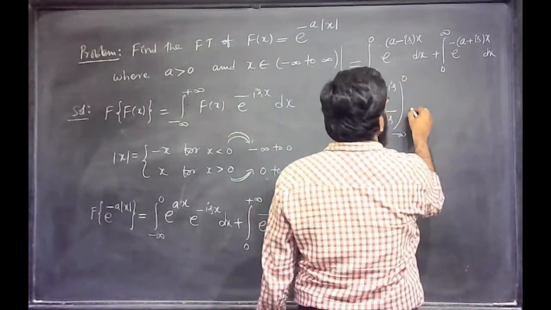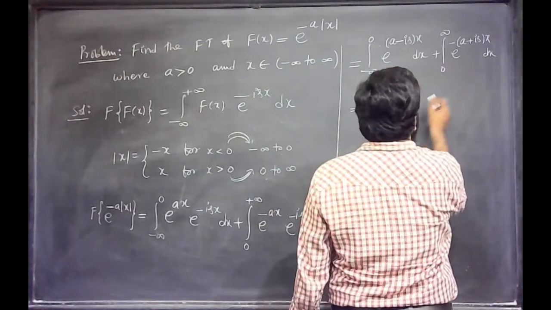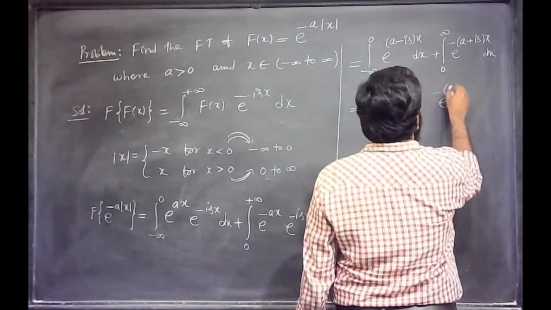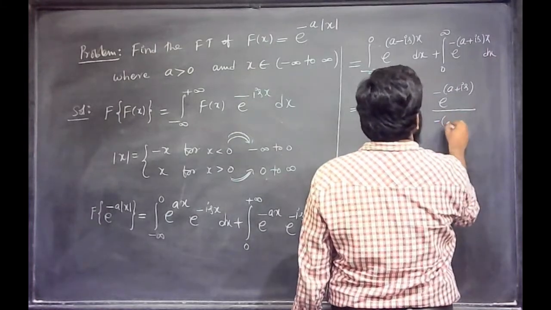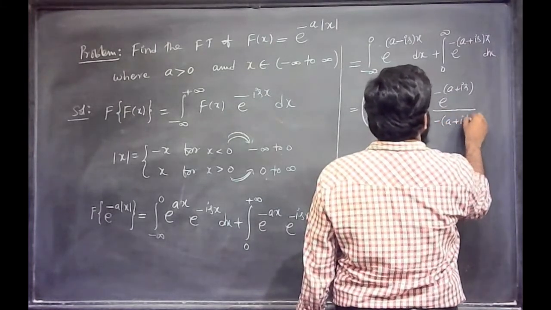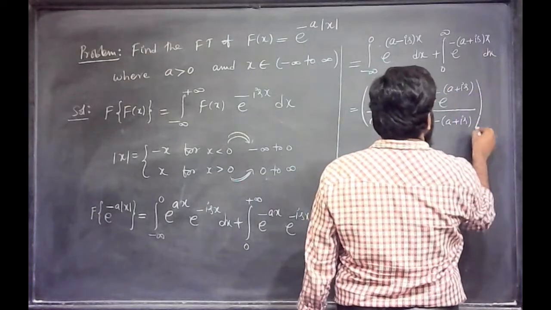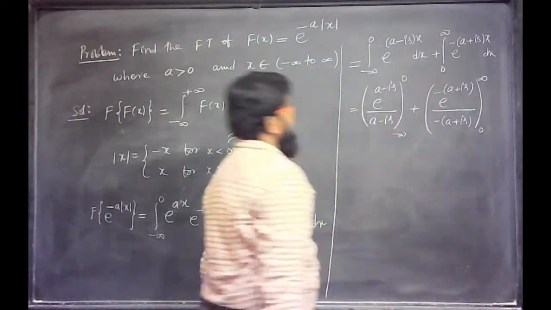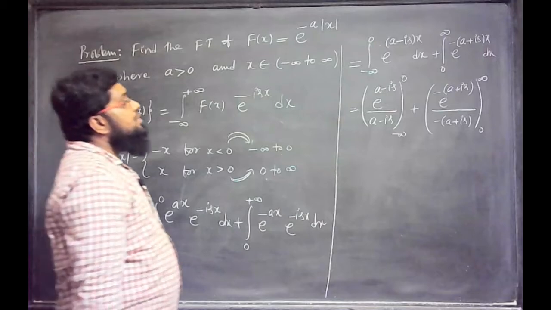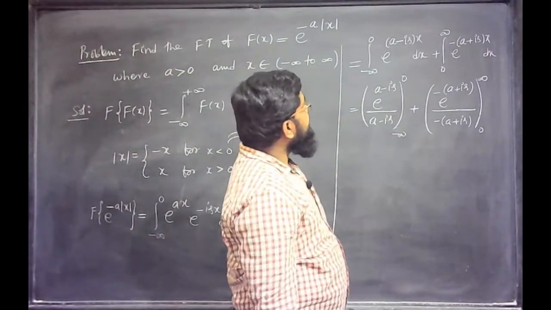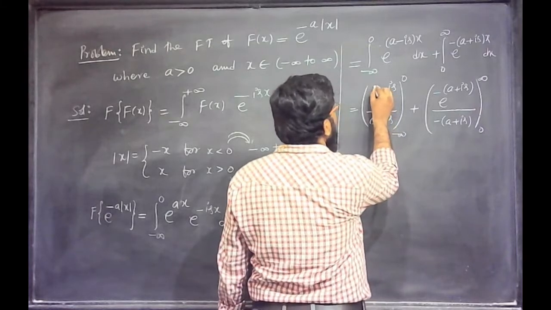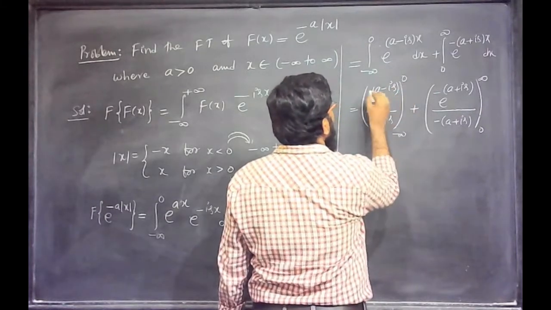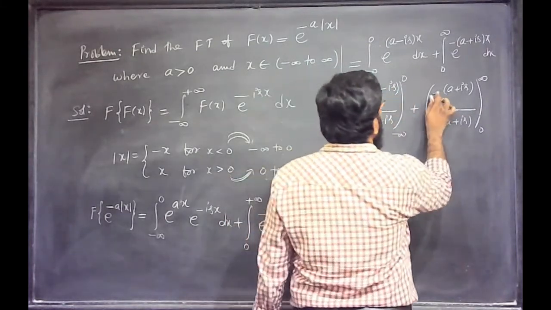Then here it is, so plus e power minus (a plus is)x divided by minus (a plus is), then limits from again 0 to infinity. So upper limit substitute చేద్దాం, e power x కి x, I'm sorry, x అనేది ఉంది ఇక్కడ, x మర్చిపోకండి, x is there and here it is x is there.